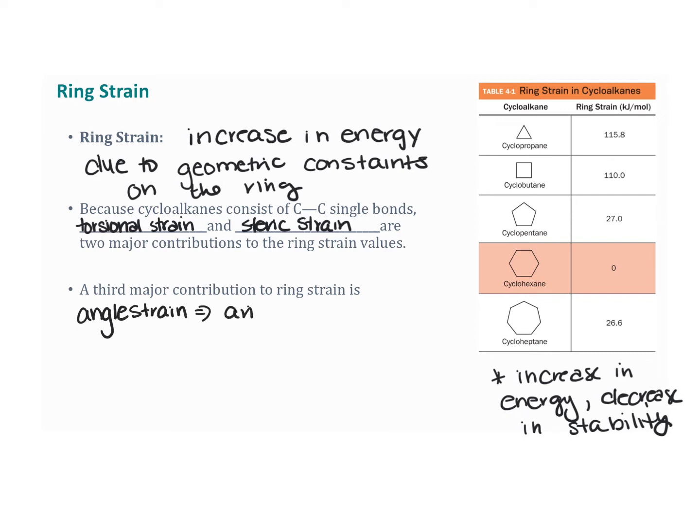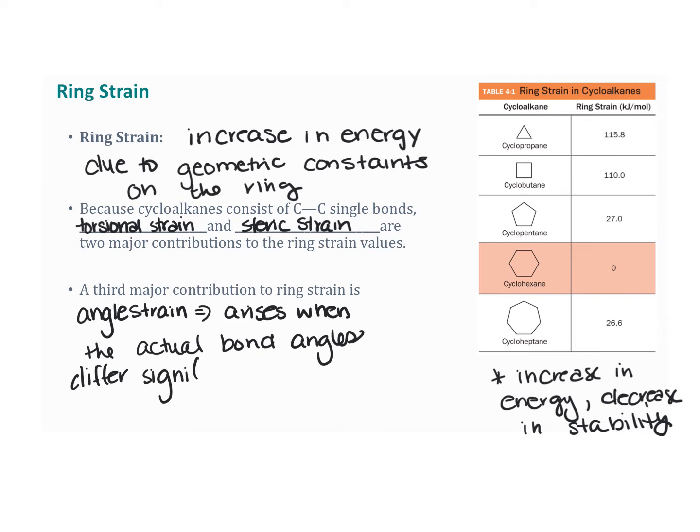And that arises when the actual bond angles differ significantly from the ideal bond angles. So torsional strain, steric strain, and angle strain all go into ring strain values. So lots of strain here.